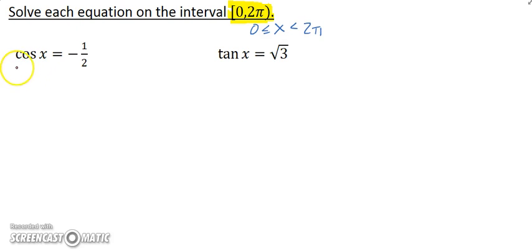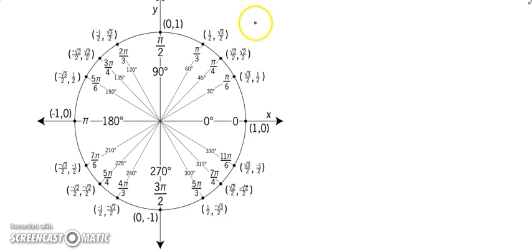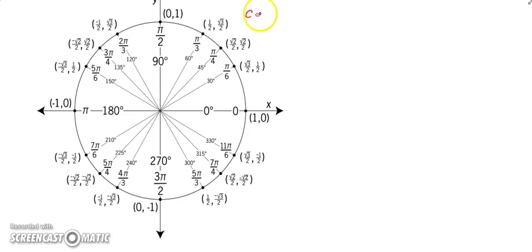So if I look at this equation here that says cosine of x equals negative 1/2, essentially what I'm going to do is look at my unit circle. And I'm going to say, okay, on my unit circle, which is right here, where would the cosine be negative 1/2? Remember that the cosine of a value on the unit circle is the x-coordinate.